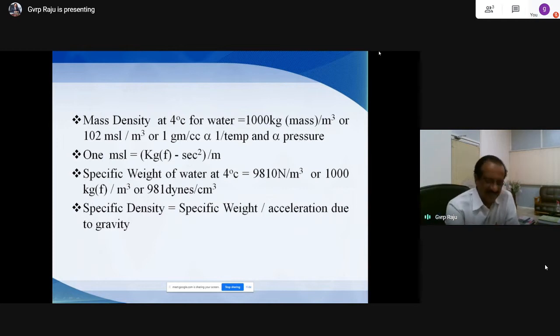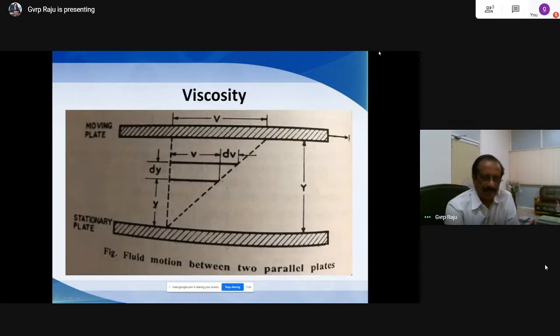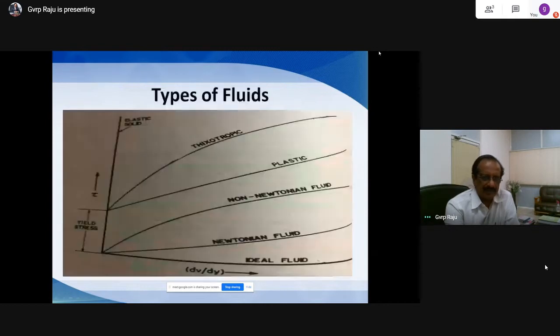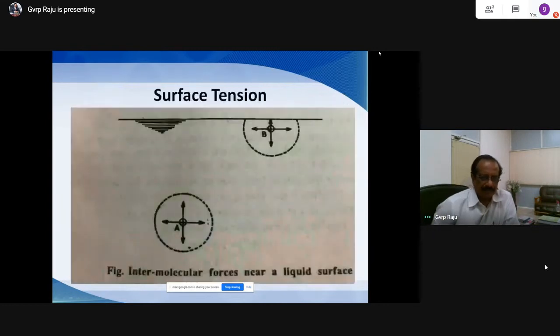So, the surface tension issue. Surface tension is a simple concept. I will go a little slow. Let us say this is a free liquid surface.